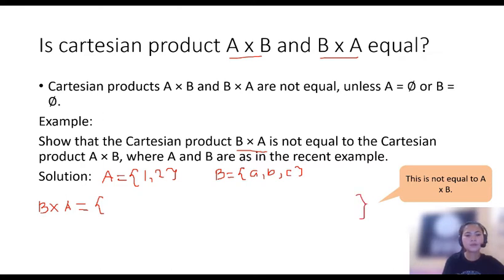Okay. So, we have here, this is B and A. So, we'll start from B. So, this will be A1, and then open and close parentheses. Next, we have A2.